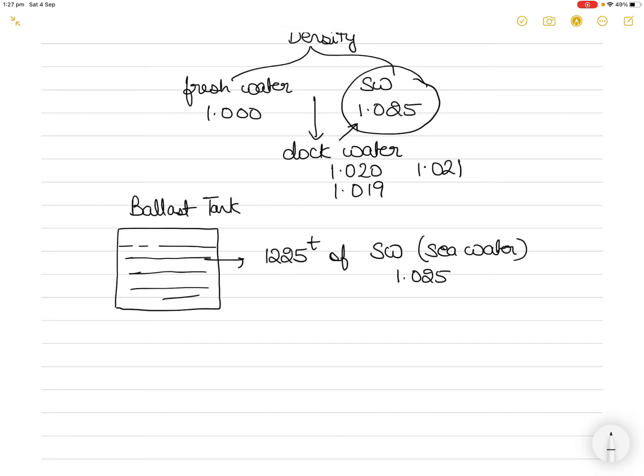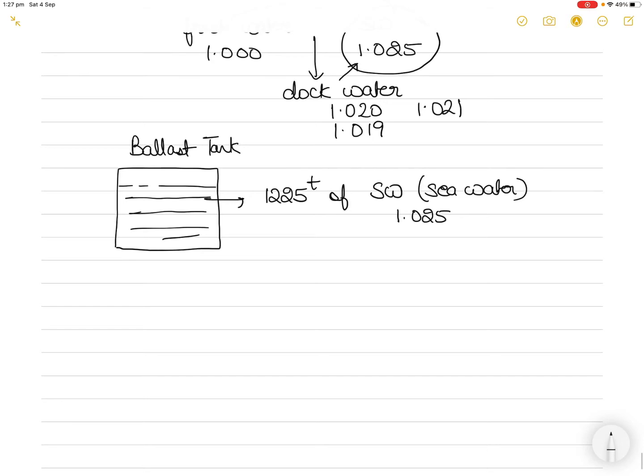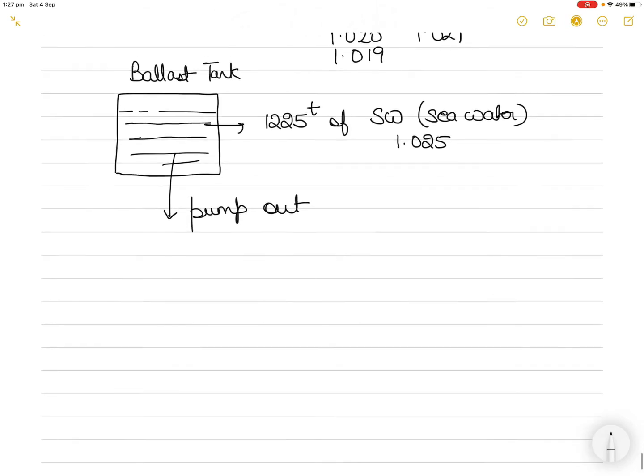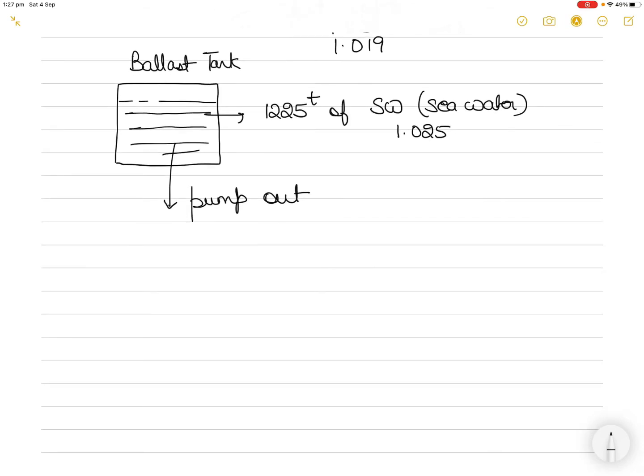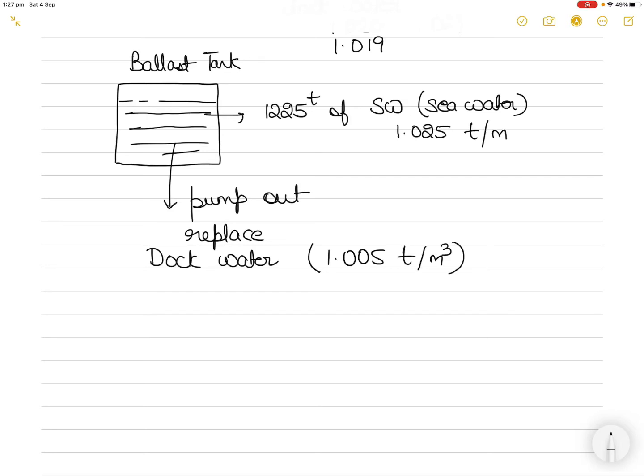Now, let's say I pump out this water and I replace it with dock water, the density of which is 1.005 tons per metric cube.